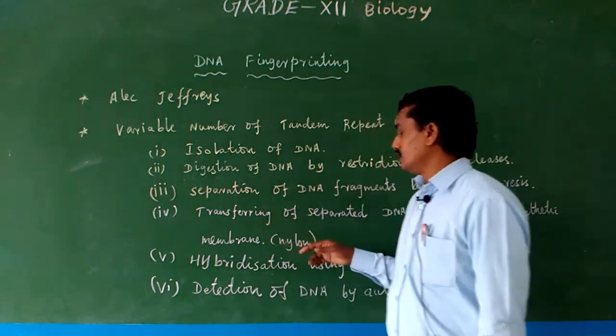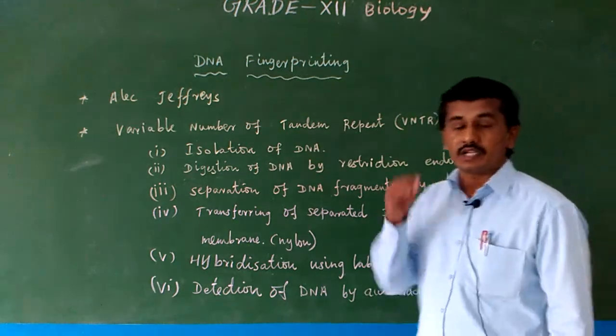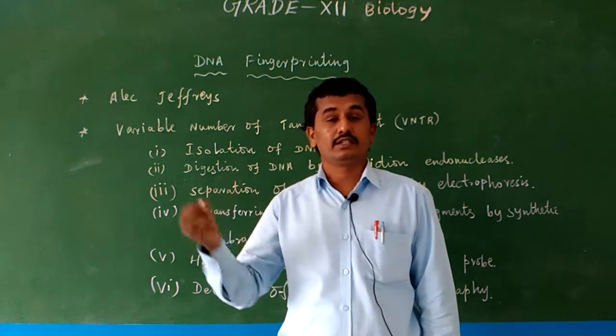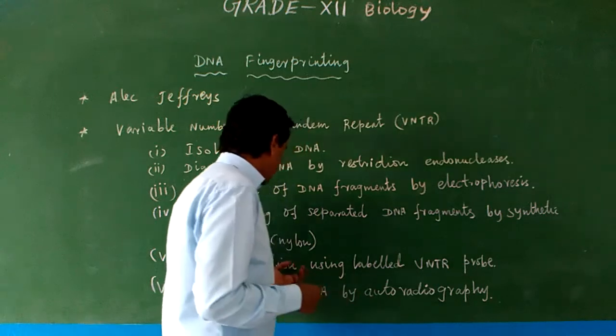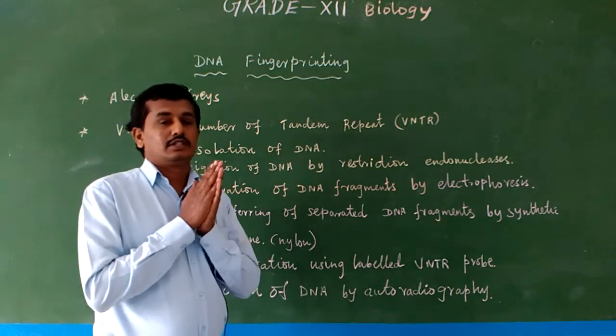That is the step. Then comes hybridization using a labeled VNTR probe. The DNA fragments that we isolated, cut and separated are joined using a probe called VNTR.